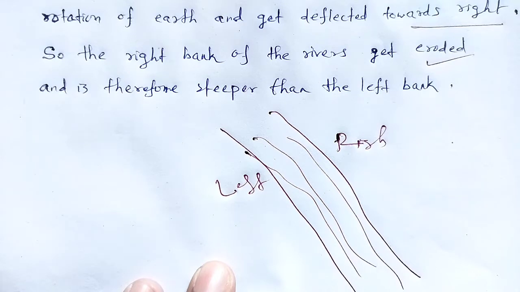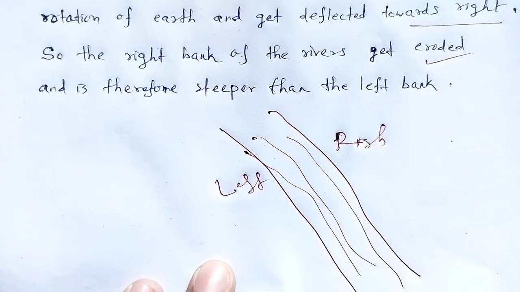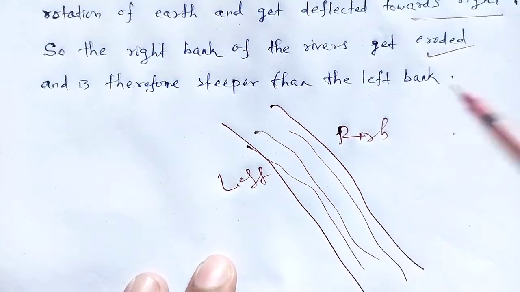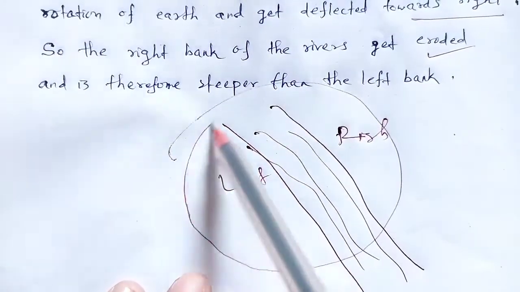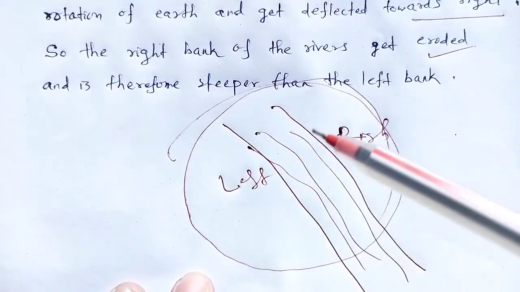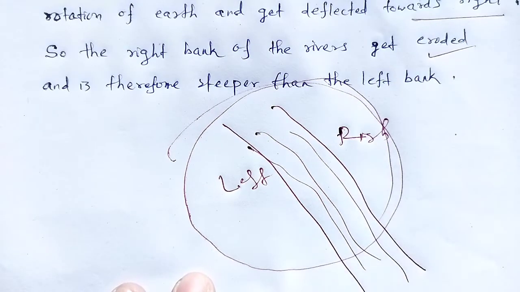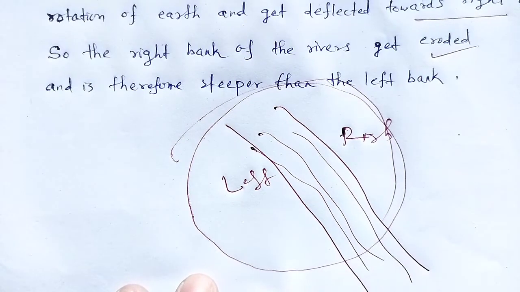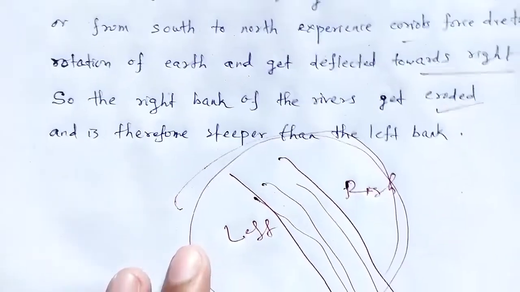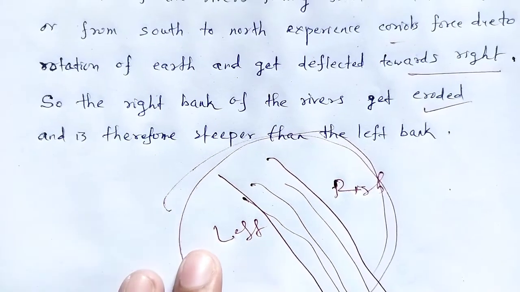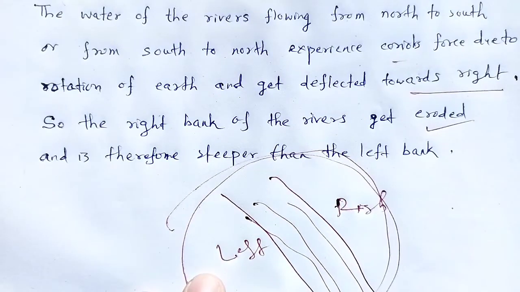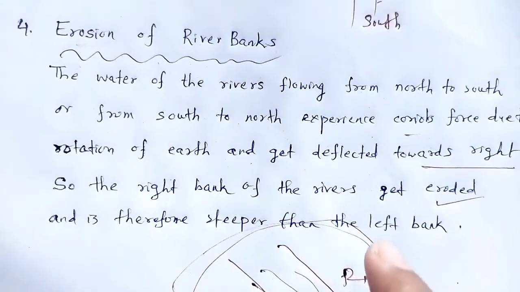But if the river is flowing from south to north in the northern hemisphere, the east bank suffers more erosion. But exactly the opposite takes place in the southern hemisphere. This depends upon the exact direction of flow of the river, in the northern or southern hemisphere. Accordingly, the measurement of erosion is taken by using the Coriolis effect of the earth.